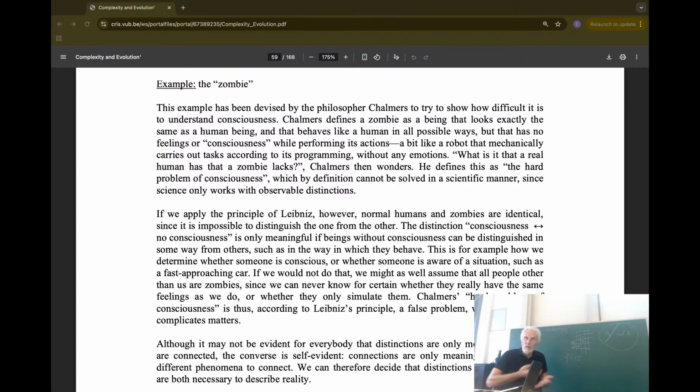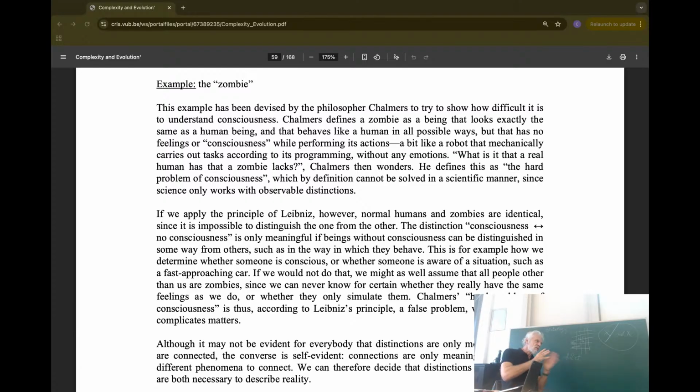So you can do all kinds of observations and experiments about it. But assuming that there are these creatures called zombies that do not have consciousness, but otherwise are exactly the same as everybody else, doesn't make sense, because otherwise I might as well believe that all of you are zombies and that I'm the only one who's not a zombie here. How do I know? So the zombie is an example of a difference that does not make a difference.